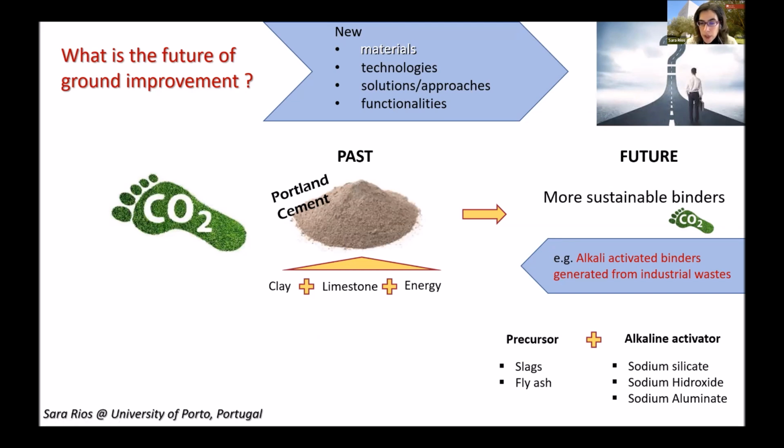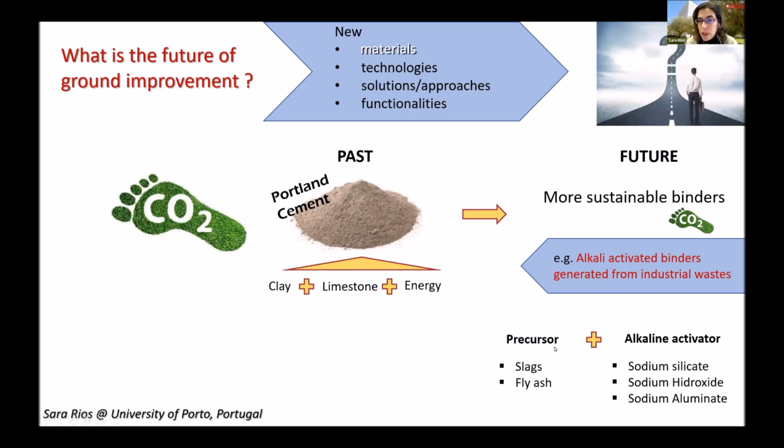That's a possibility, but there are different kinds of fly ashes that we can use as well. Okay, so the industrial waste is specific. Yeah, we need to optimize the binder depending on the source materials that we are using.